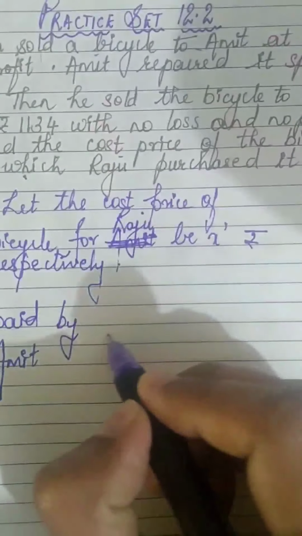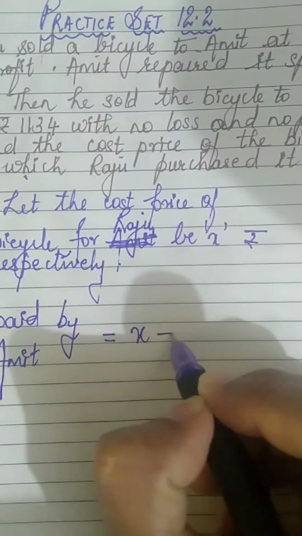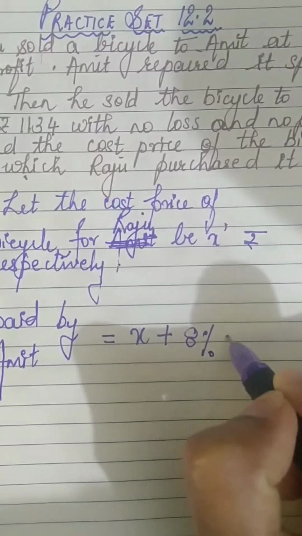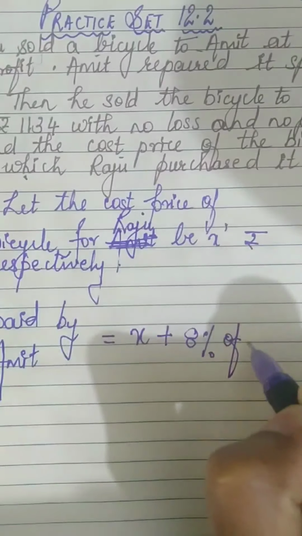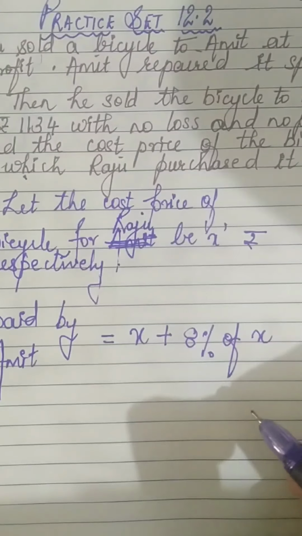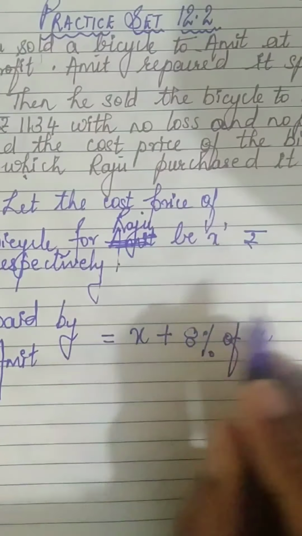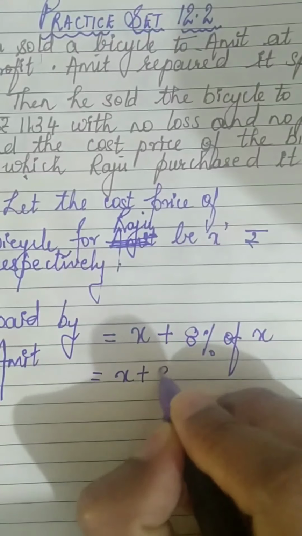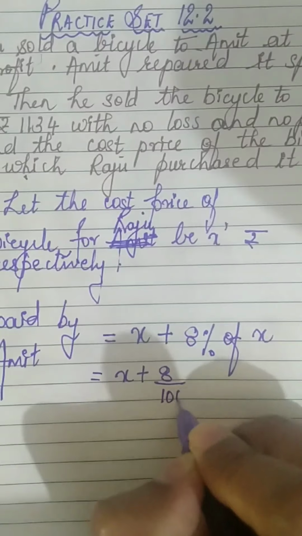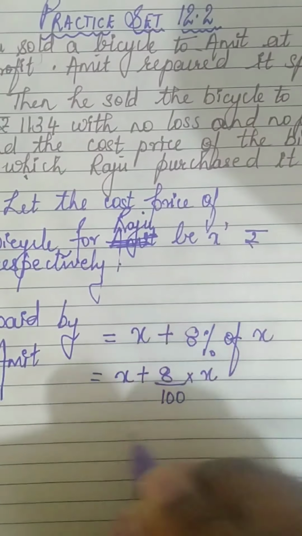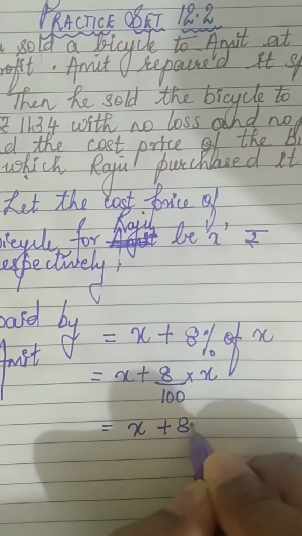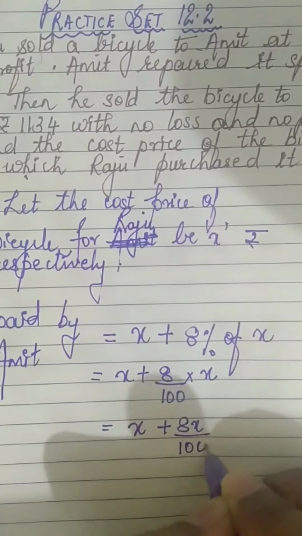So this money is x plus 8% profit. 8% of cost price, that is 8% of x. This step you have to write, which is equal to x plus 8% given, means 8 upon 100 into x, which is equal to x plus 8x upon 100. Let this remain here.